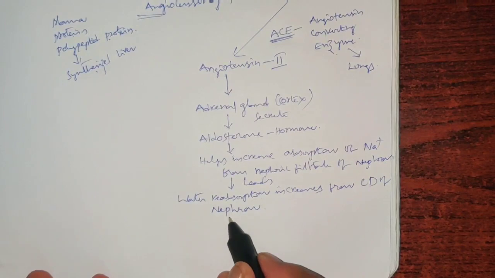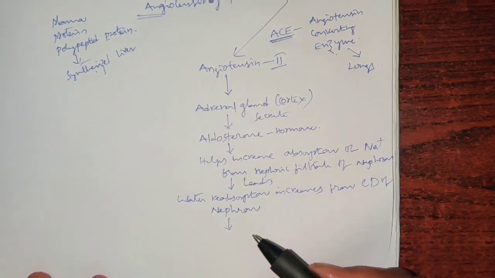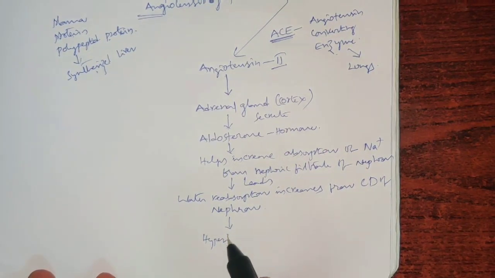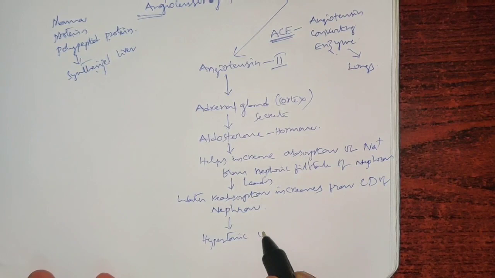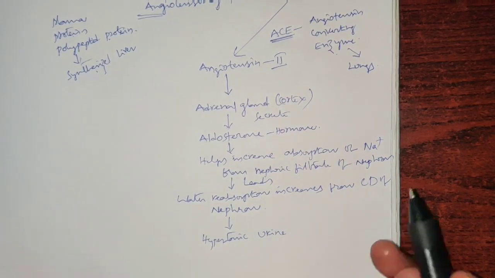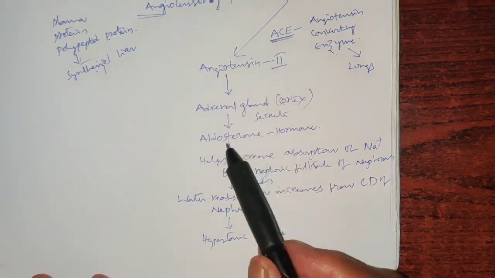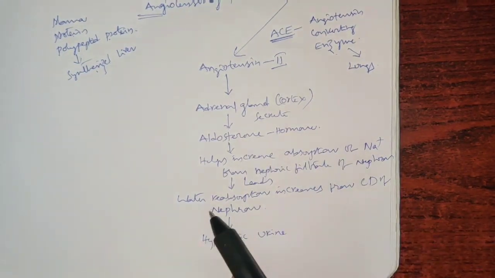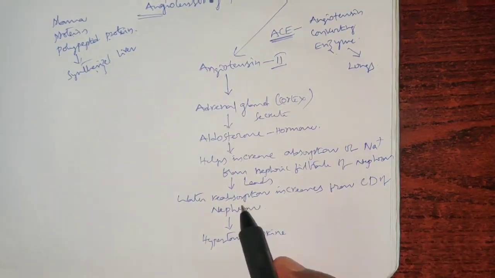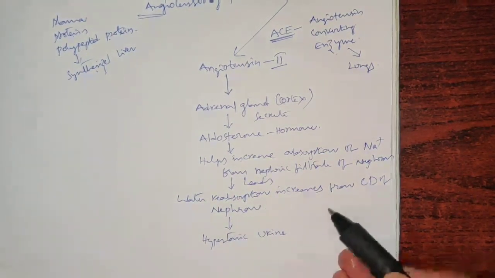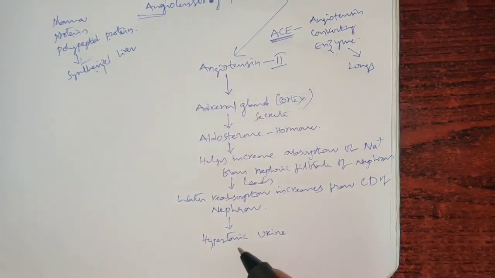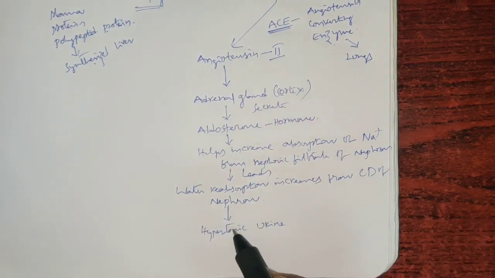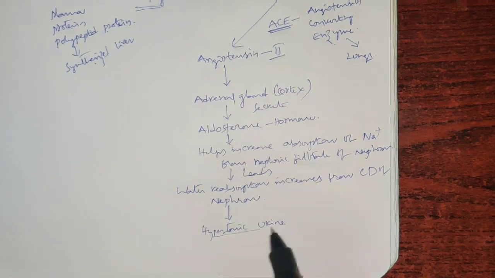Thus it leads to hypertonic urine. That means the aldosterone hormone increases the absorption of sodium ions from the nephric filtrate, which leads to increased water reabsorption from the collecting duct of the nephron. As a result, the urine becomes hypertonic.